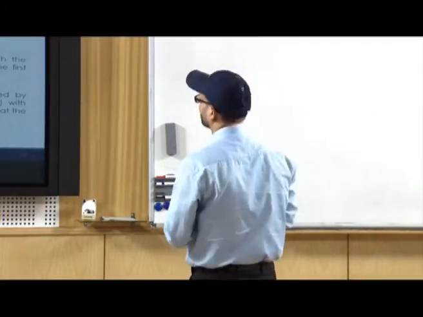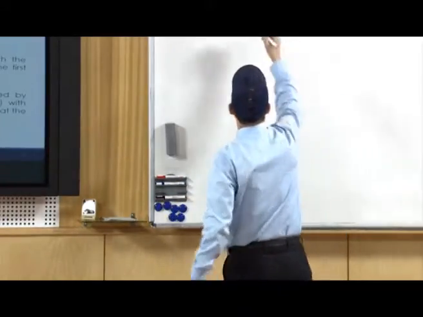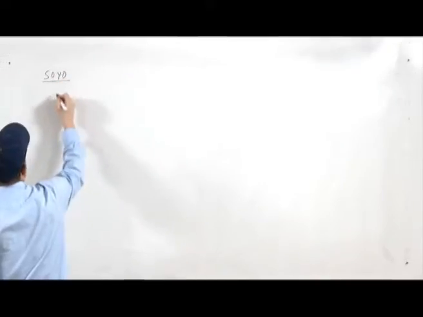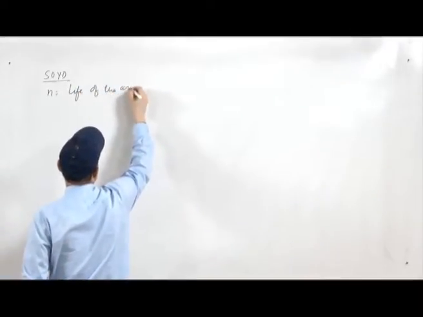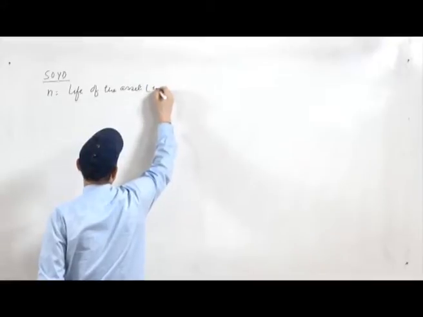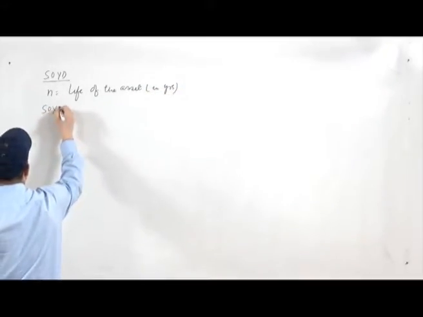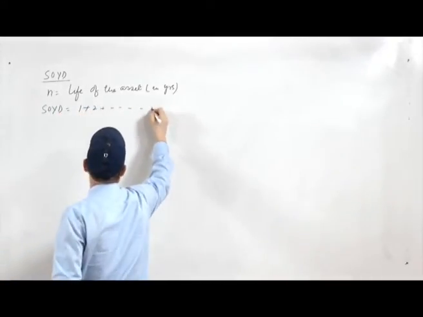So, as you see, it is a fraction in which the denominator is SOYD. SOYD is the sum of years digit. So, if n is the life of the asset in years, the sum of years digit is nothing but 1 plus 2 plus up to n.